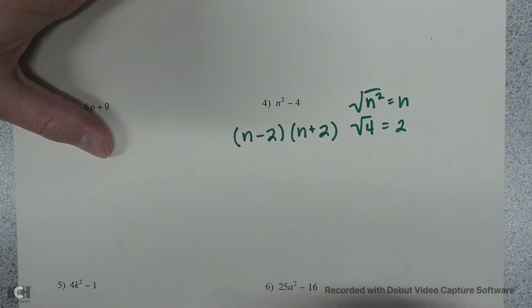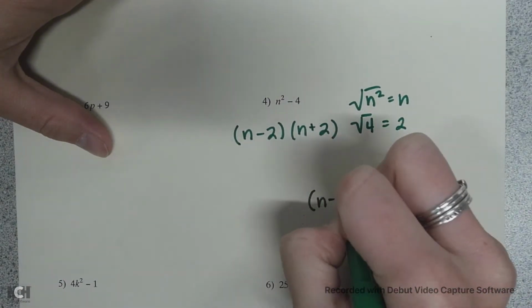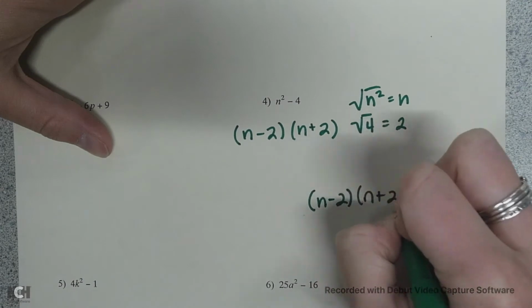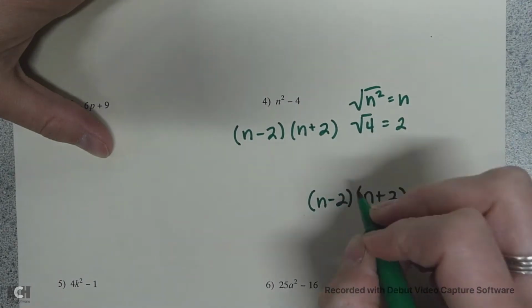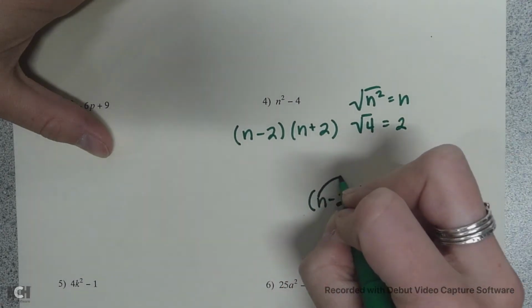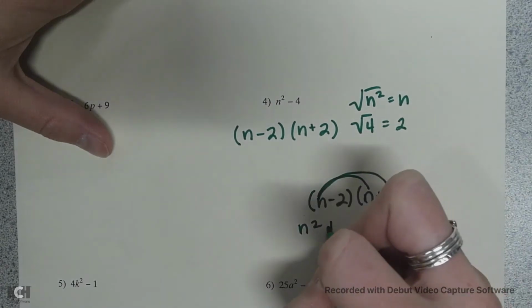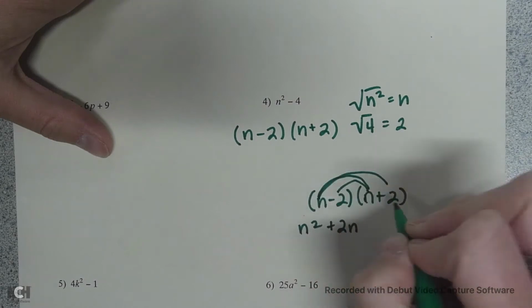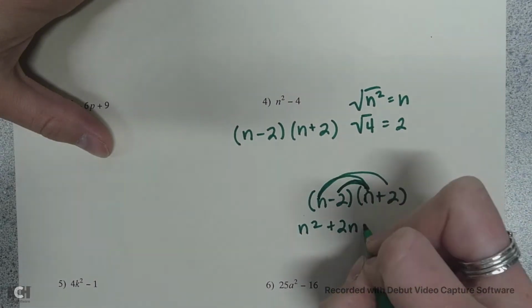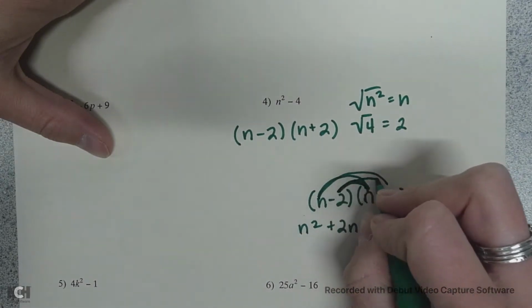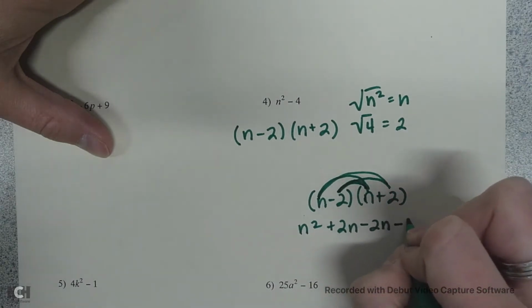And then let me just show you one more time so you can see why that works. So we're going to go forwards. If you were to fancy factor this, we would do n times n, which is n squared, n times 2, which is 2n, negative 2 times n, which is minus 2n, and negative 2 times positive 2 is negative 4.